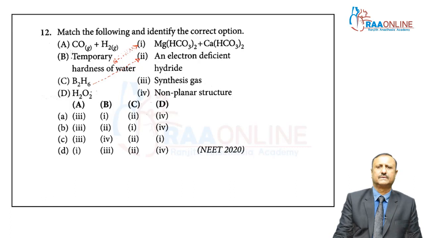So, my dear students, you can go to B for 1 and C for 2, so you can go to option A. Question number 12, the answer is A. And that third one is called synthesis gas, and hydrogen peroxide has a non-planar structure. Here H2O2 has the open book structure.